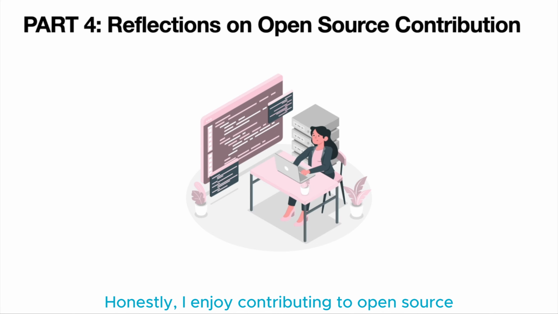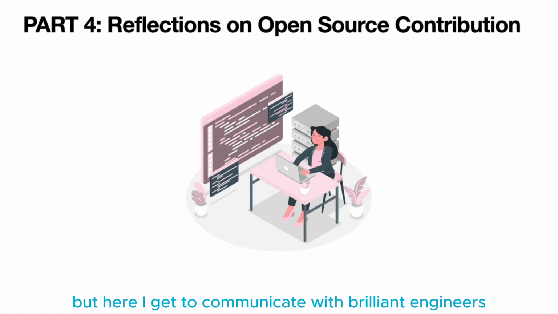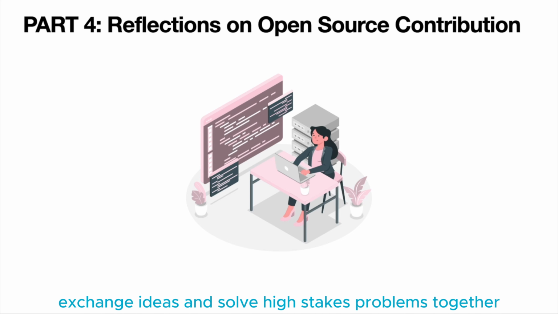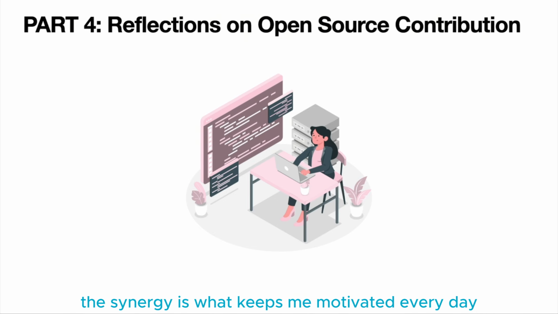Honestly, I enjoy contributing to open source much more than working on solo projects. Building something alone can be lonely, but here I get to communicate with brilliant engineers, exchange ideas, and solve high-stakes problems together. That synergy is what keeps me motivated every day.